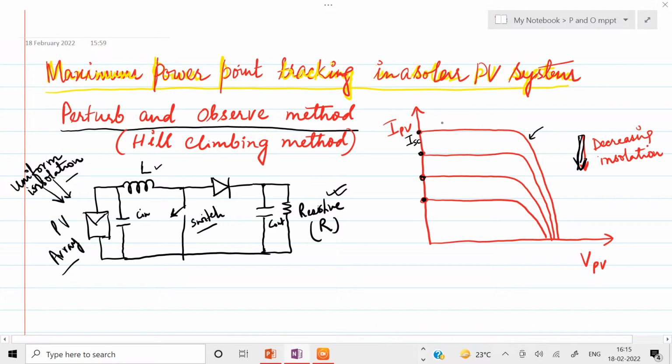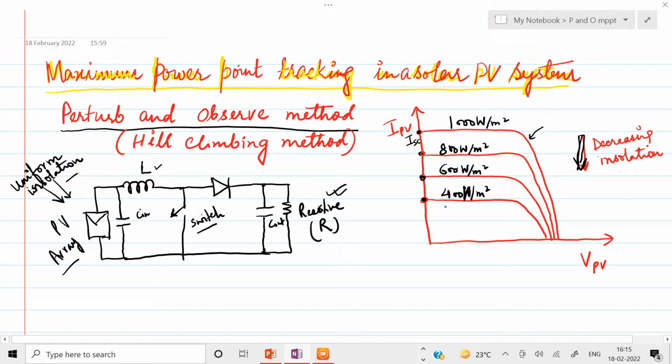So maybe 1000 watt per meter square, or say 800 watt per meter square, or 600 watt per meter square, whatever be the sunlight irradiance, it is falling on the panel equally.